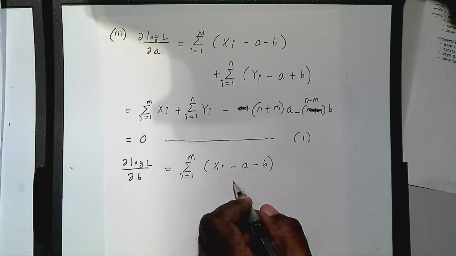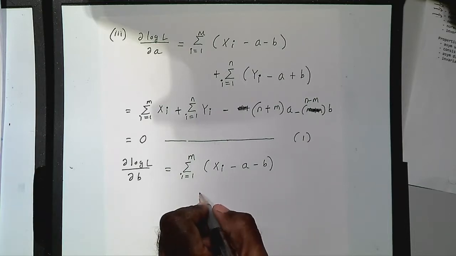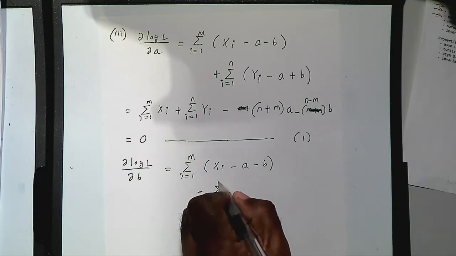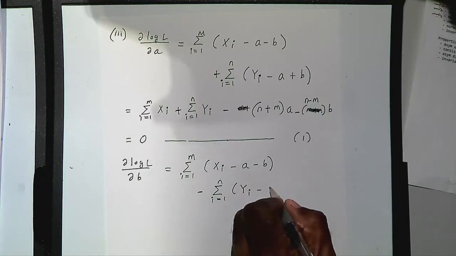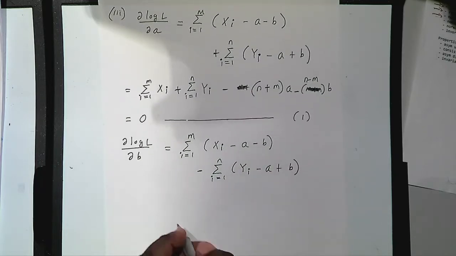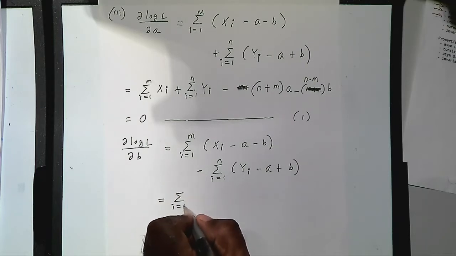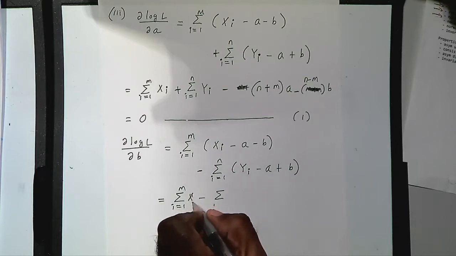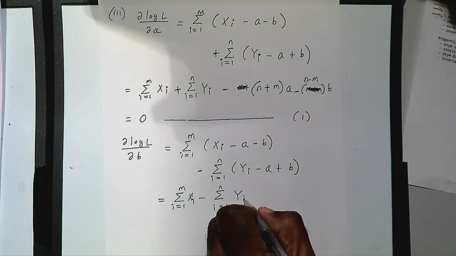And here you have minus plus, and then you have minus. I apologize for this mistake, guys. Sorry. All right. This is what you get. And you simplify this, you get, right.